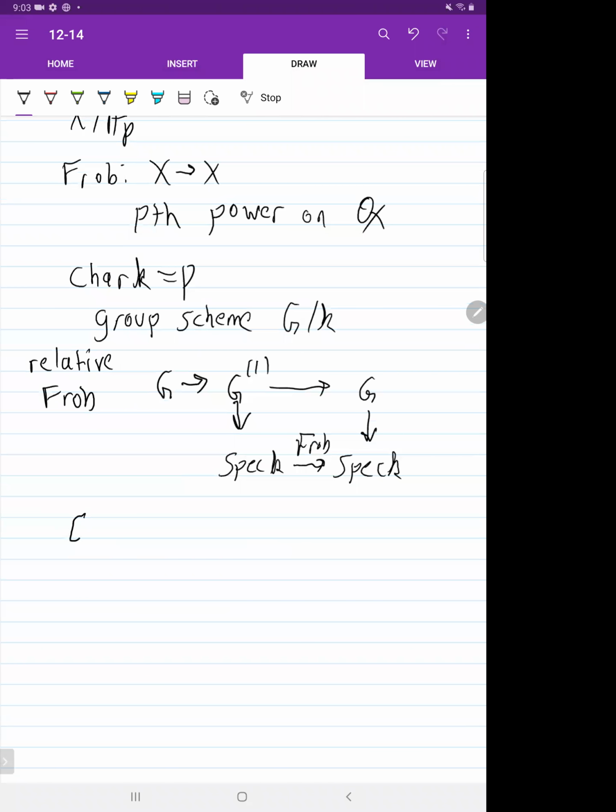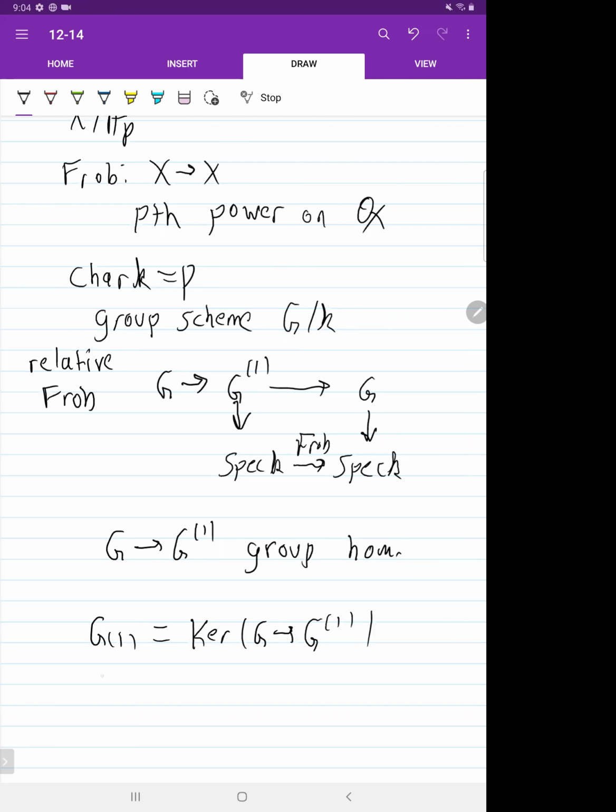The first Frobenius kernel is just, so this is a group homomorphism, or morphism of group schemes. So you define the first Frobenius kernel as the kernel of this. And then you iterate it to get the higher Frobenius kernels.